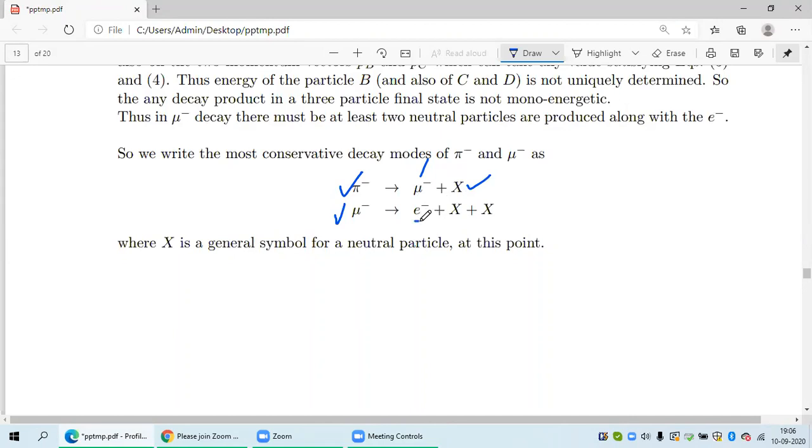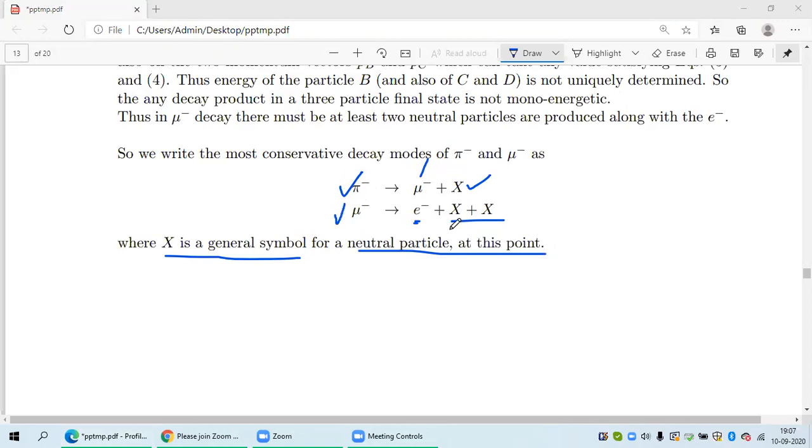And since the electron has an energy distribution as observed experimentally, muon decay must produce at least 3 particles in the final state. I wrote the unknown particles as X. X is the general symbol for a neutral particle up to this point. So this is muon and pion decay.